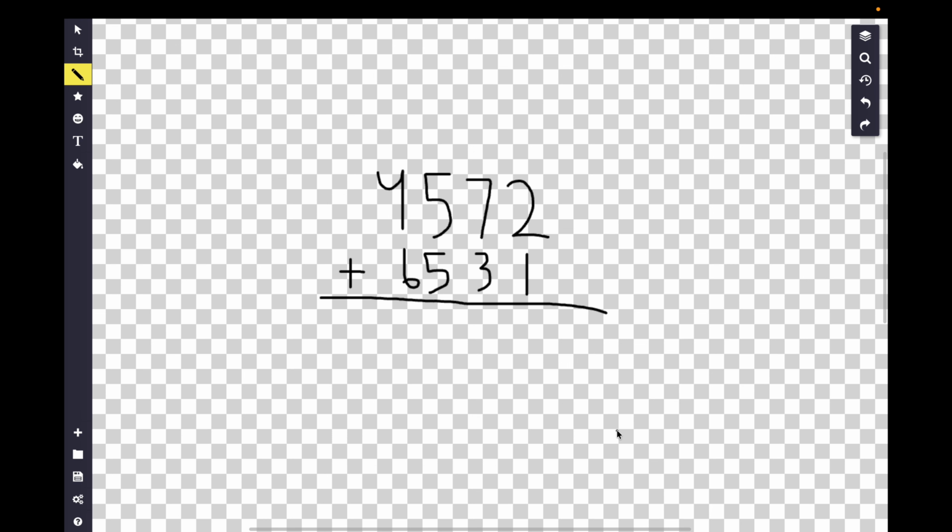So we have 4572 base 8 plus 6531 base 8. So let's start with these 2 digits just like we did before. 2 plus 1 is 3, so that digit goes here. 7 plus 3 is 10, but 10 is not a valid digit in base 8.